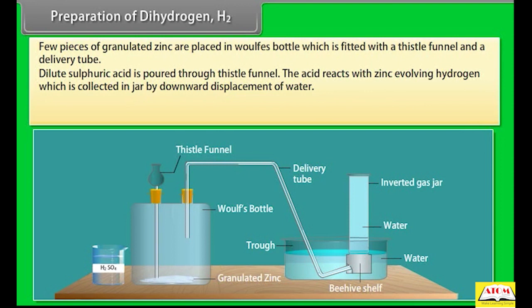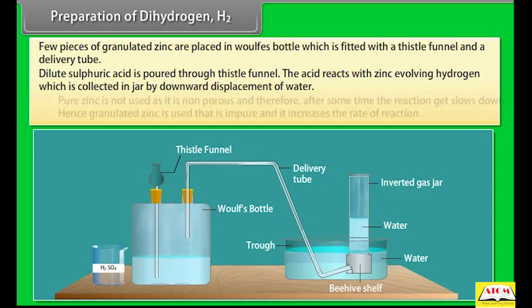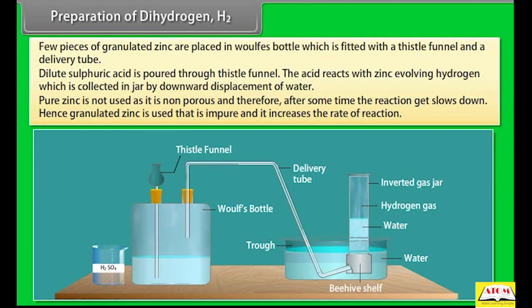Dilute sulfuric acid is poured through the thistle funnel. The acid reacts with zinc, evolving hydrogen, which is collected in a jar by downward displacement of water. Pure zinc is not used as it is non-porous and therefore, after some time, the reaction slows down. Hence, granulated zinc is used, which is impure and it increases the rate of reaction.